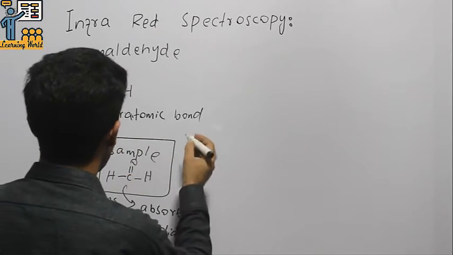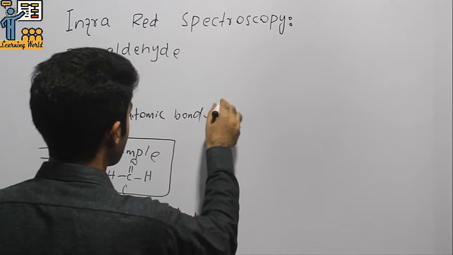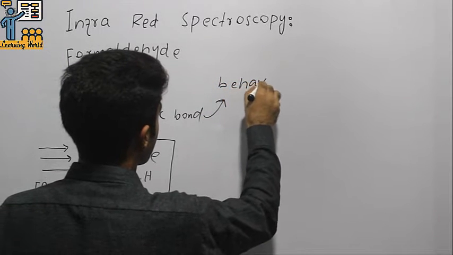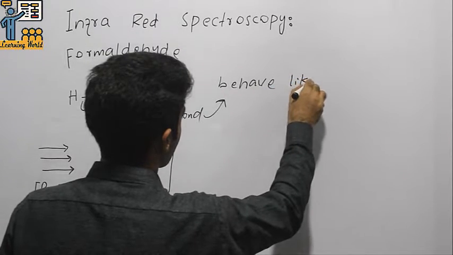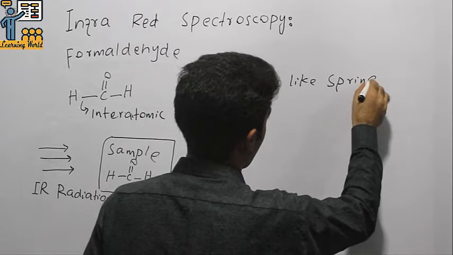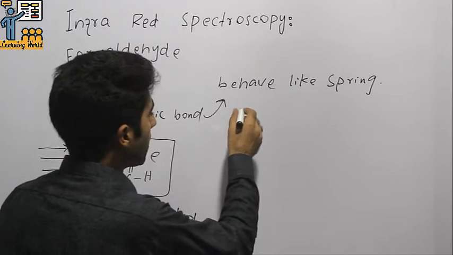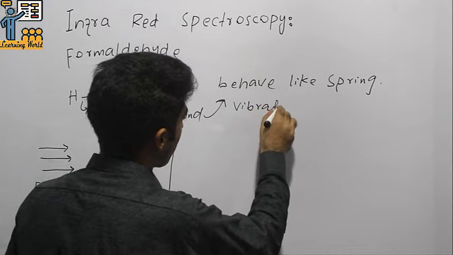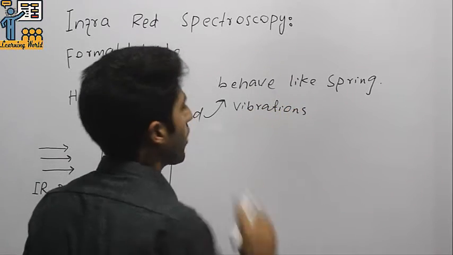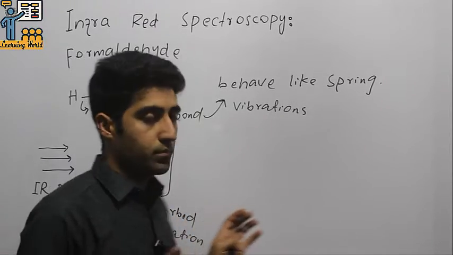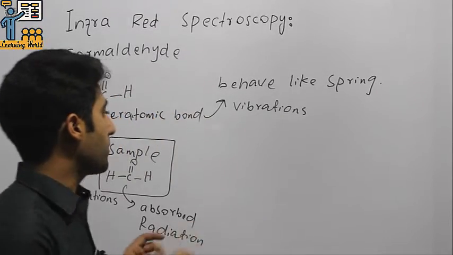This interatomic bond behaves like a spring, and it will cause different types of vibration. Two types of vibration are possible here between this interatomic bond.